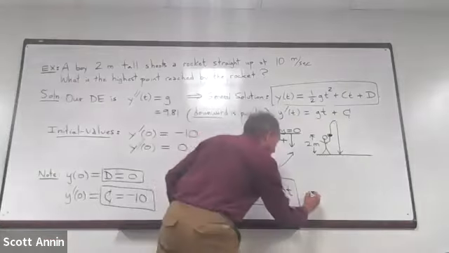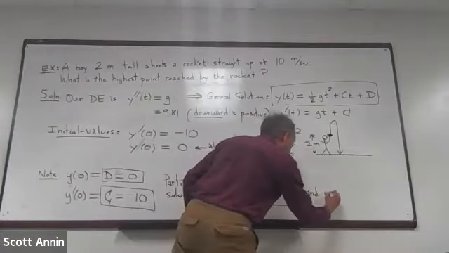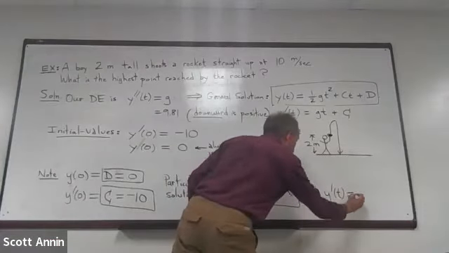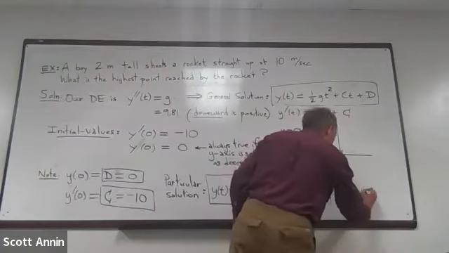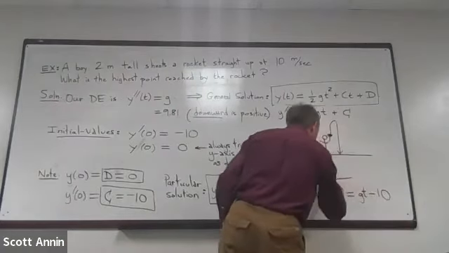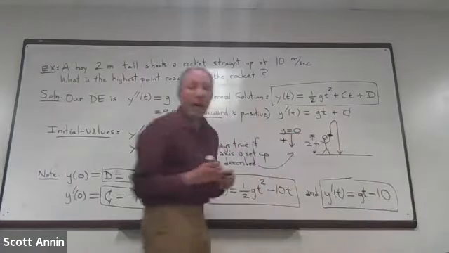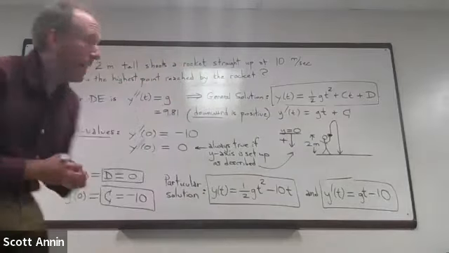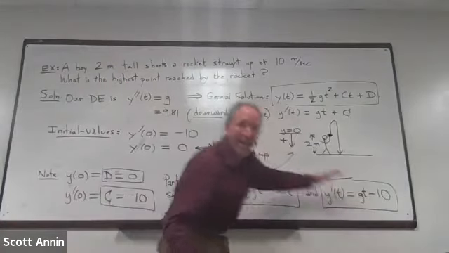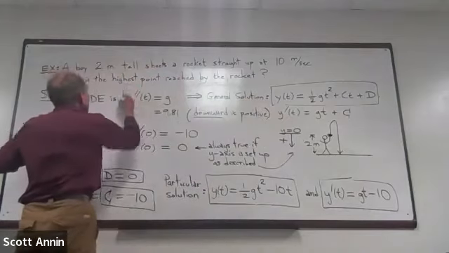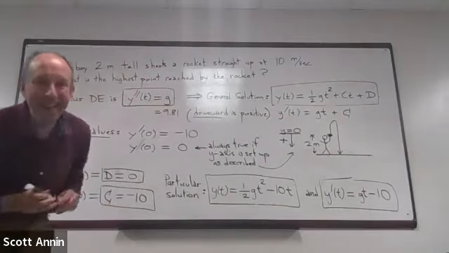We not only know the position of this object, we also know its velocity, right? It's just gt plus c, which is just gt minus 10. So it's kind of nice, guys. At this point, I now know the position, the velocity, and the acceleration of my object.